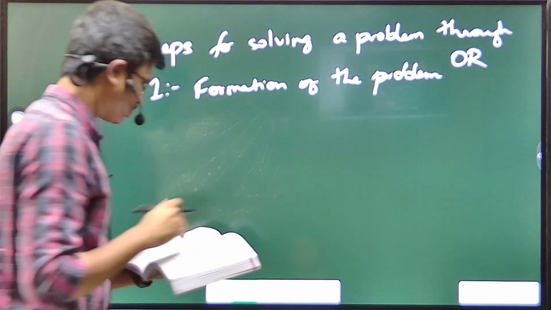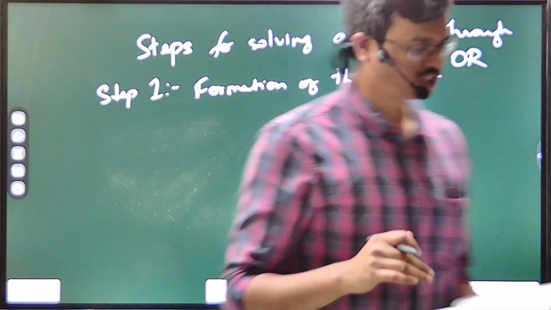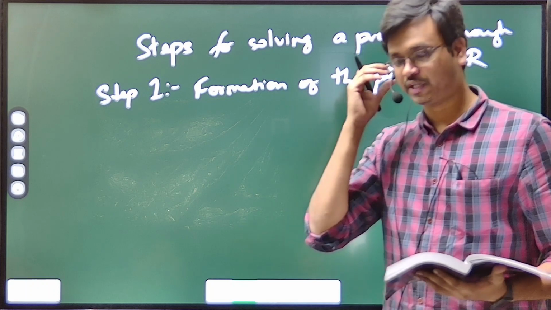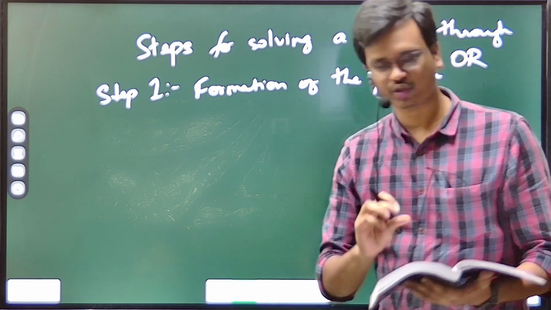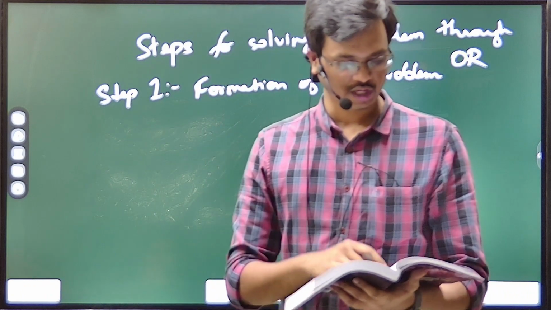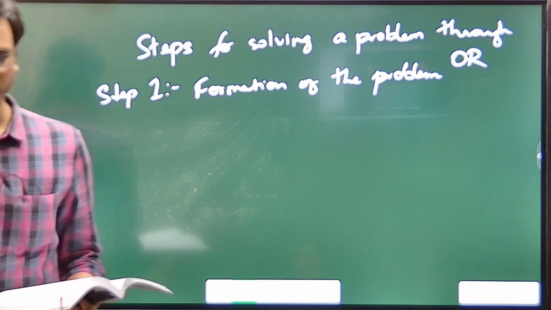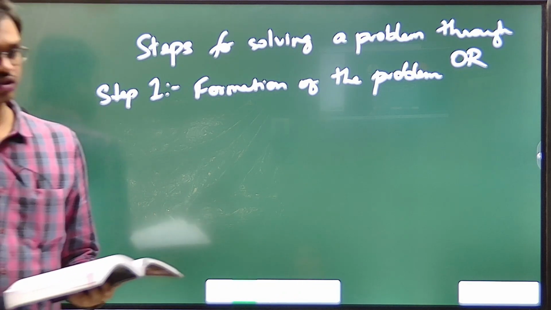What do you mean by formulation of a problem? In a problem, he will say minimize cost for doing so and so, find the minimum cost, or how can the organization profit more, so maximize profit, minimize cost.